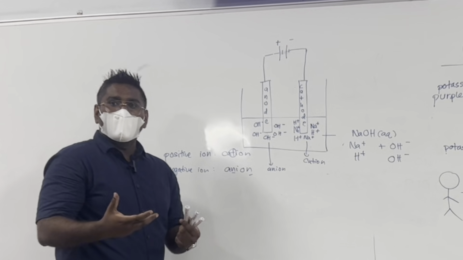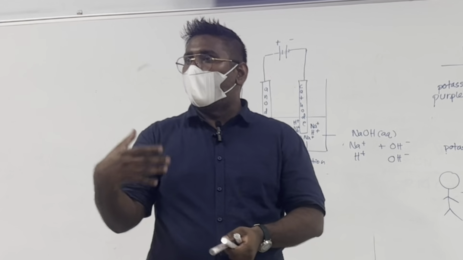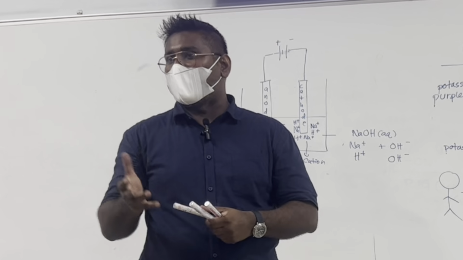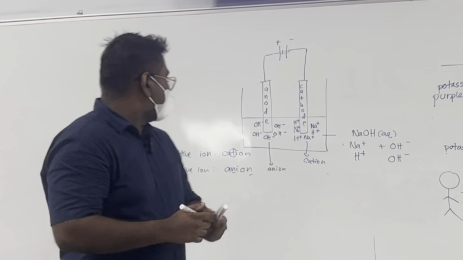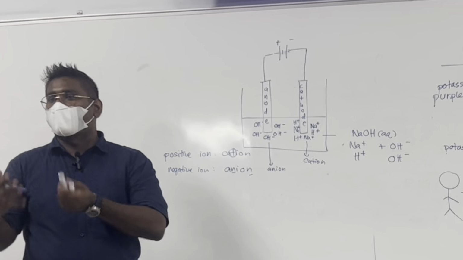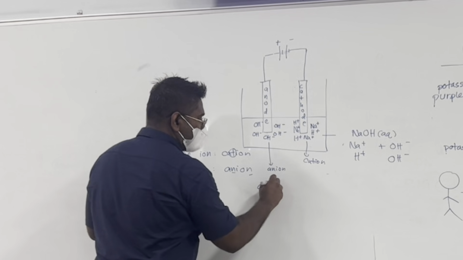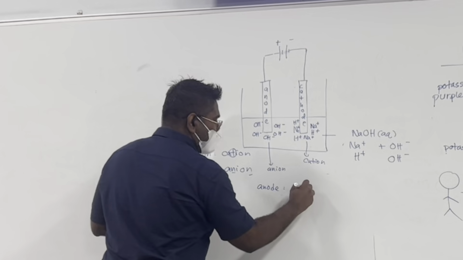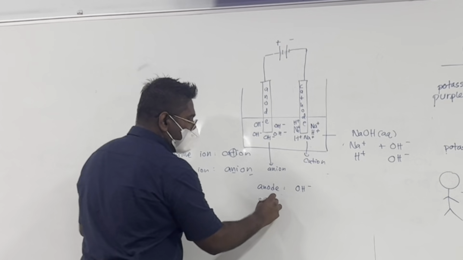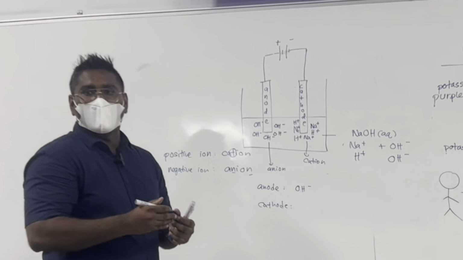Now from here, in IGCSE, you have learned that if you have more ions, only one particular ion will be selected. In this case, for OH, there are no other ions that can be selected, so at the anode only OH minus will be selected. But for the cathode, there are two ions, hydrogen and Na.